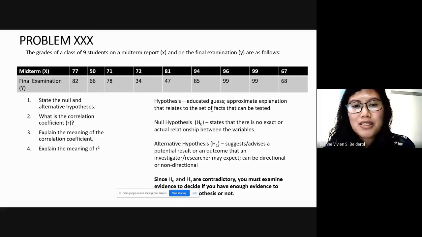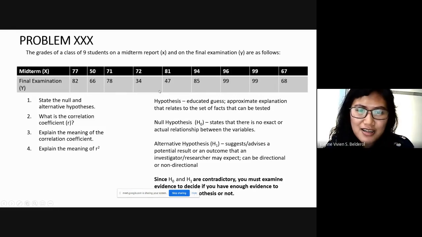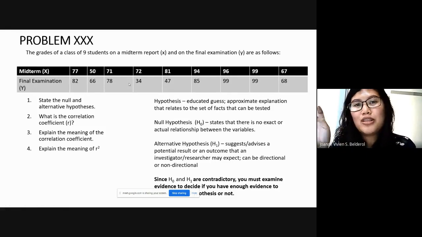So this is when you think about the problem, what is your prediction for the answer? Since this is a correlation problem, you predict what the relationship between X and Y would be. And then what we will do in the computation is verify whether your prediction is right or not.